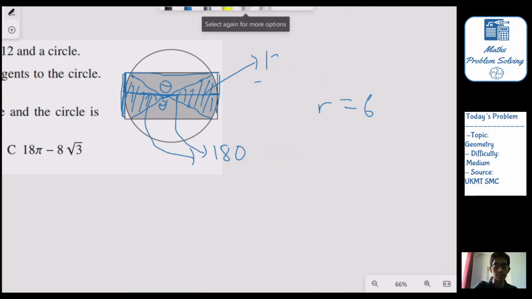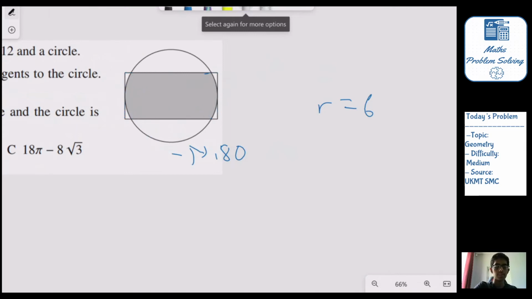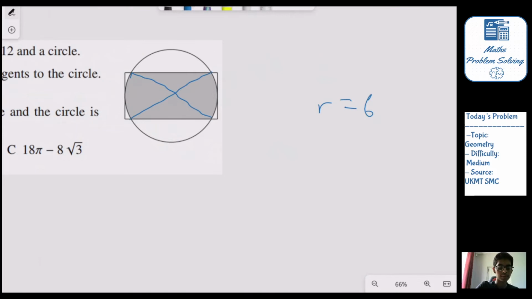Let me just rub out a lot of this stuff because our diagram will start to get very congested. But now we know that the radius is 6, we can use this information to work out a few other things. I'm just going to relabel theta on here. That's important for now. This is 6, this is 6.